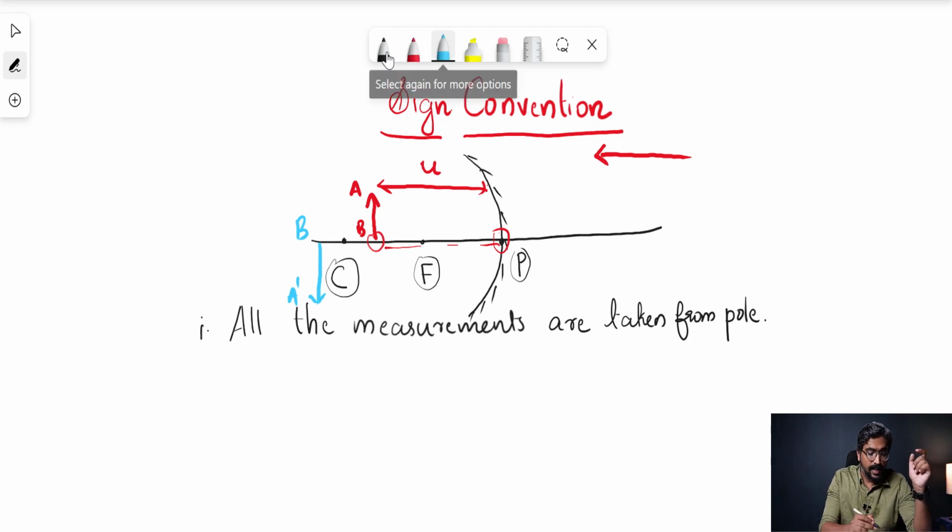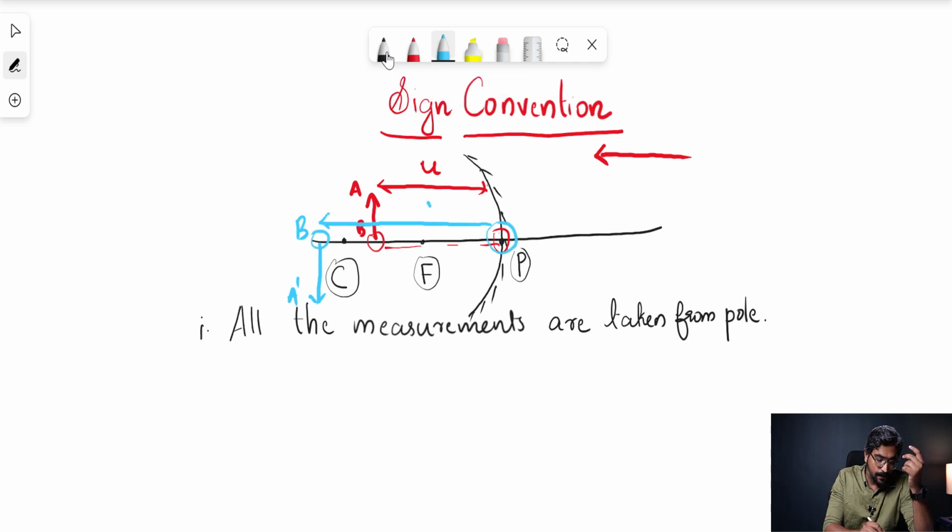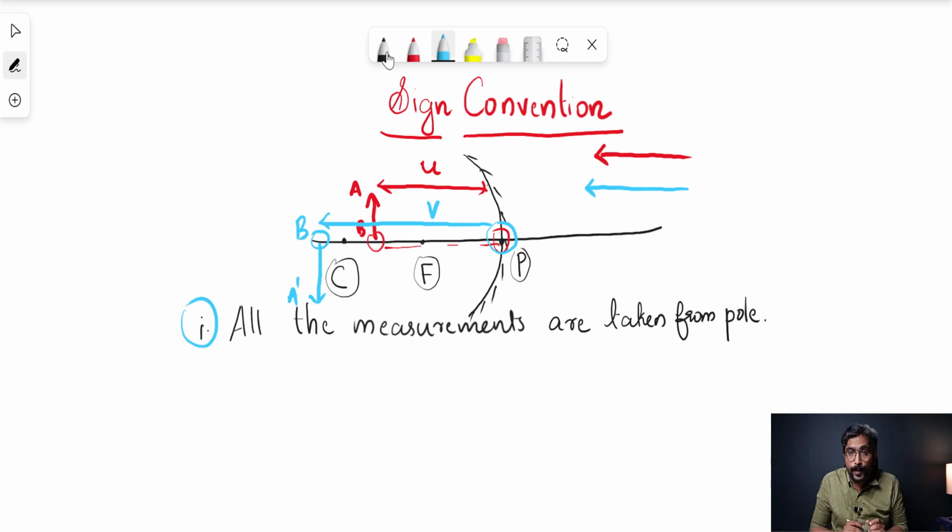Now what about the image? The distance from the pole to this particular image is denoted by v, and the direction of v is also from the pole to the image. This is the importance of this particular point, that all the measurements are taken from the pole.